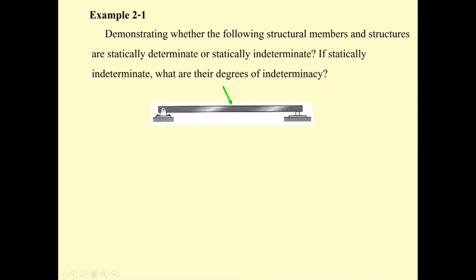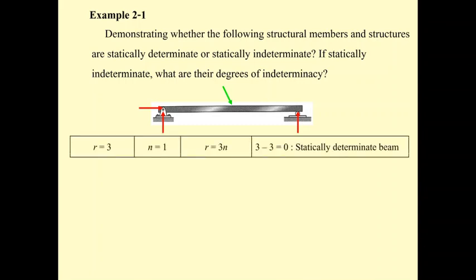If we consider this is a pin, the pin has 2 unknown forces, and this roller has another one unknown force. So the total R here is going to be 3. And since the beam is one free body diagram, the number of equations is equal to the number of unknowns. This beam is a statically determinate beam.